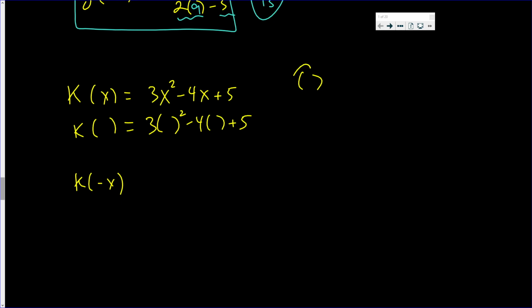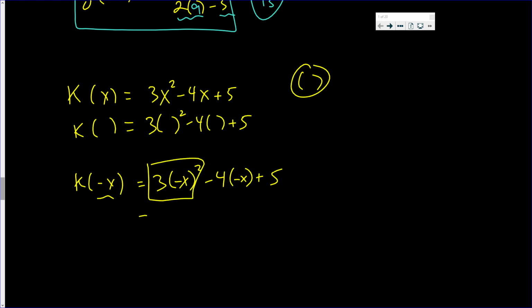I just wrote x that way. I even called it x. Okay, so this is 3x squared minus 4x plus 5. They put negative x in the brackets. Don't panic. Put negative x in the brackets. We need to figure out what that is.